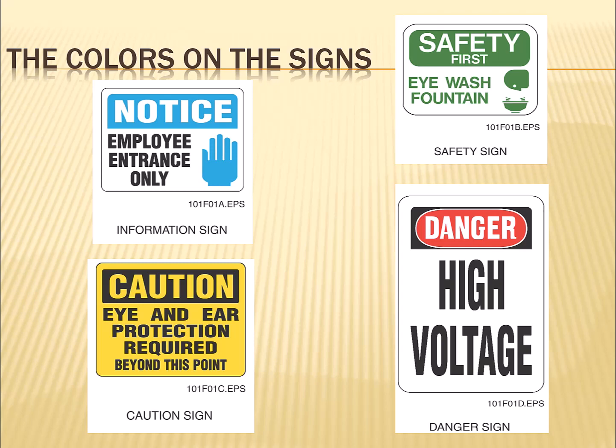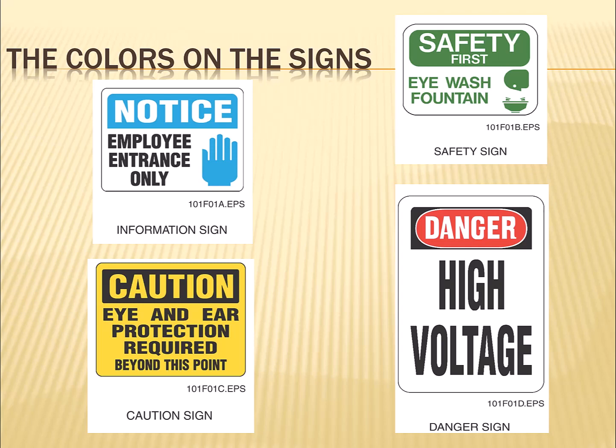Yellow is a caution sign color, and it means you've got something that's somewhat dangerous, but not immediately dangerous to life and health. So things that are important safety messages, but they're not rising to the level of danger or even warnings. And then we've got the red color for danger signs, things that are immediately dangerous to life and health that you must draw attention to in red.